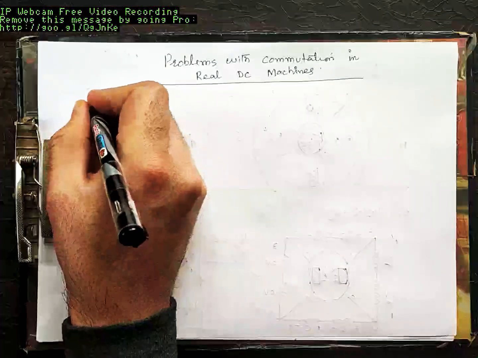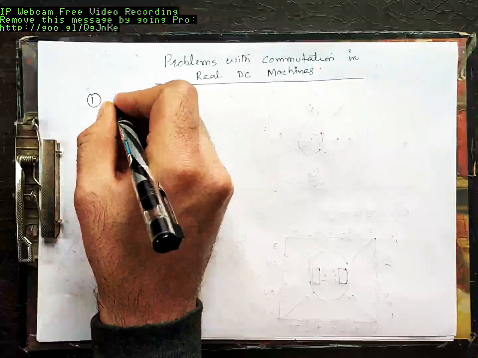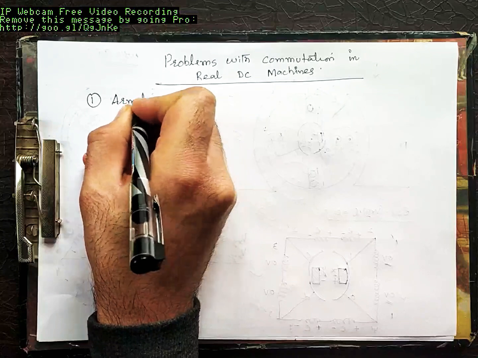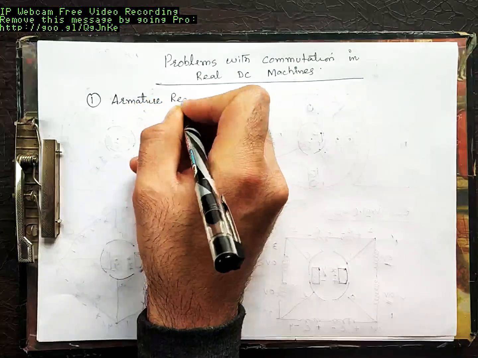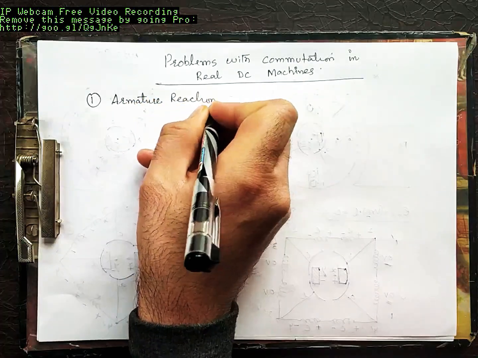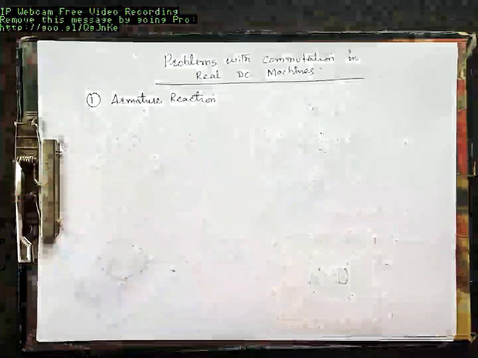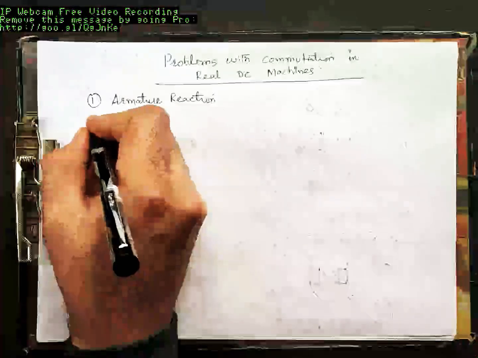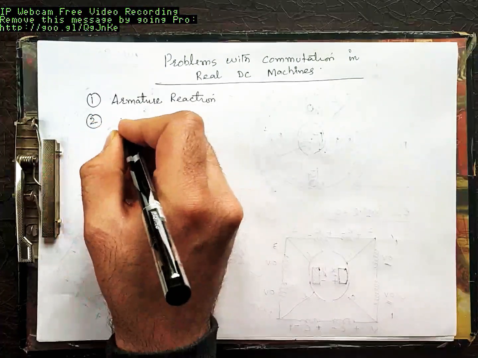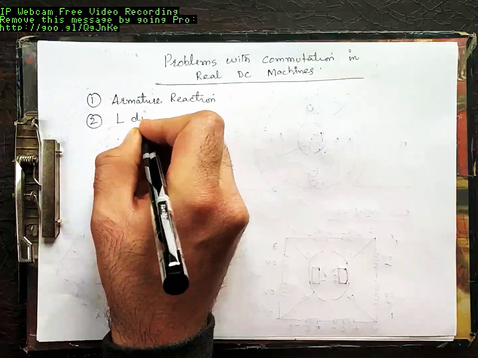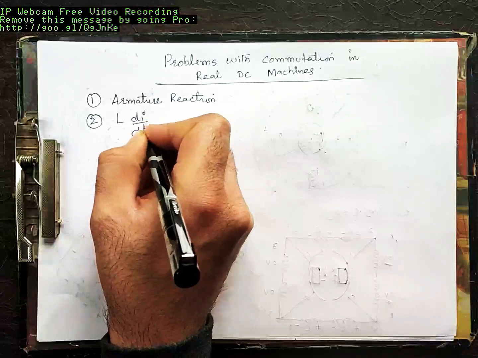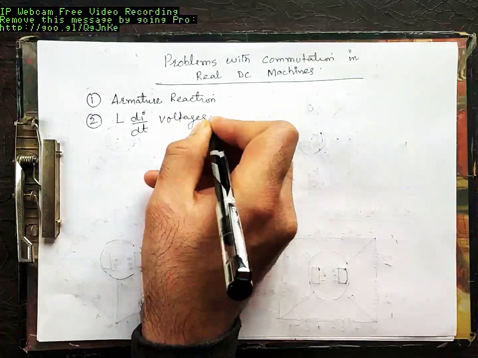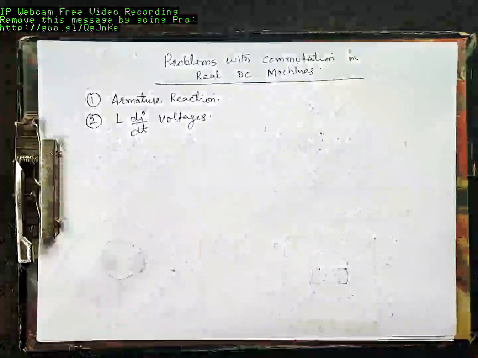Number one is armature reaction. Number two is L dI by dt voltage. I'll discuss them one by one.